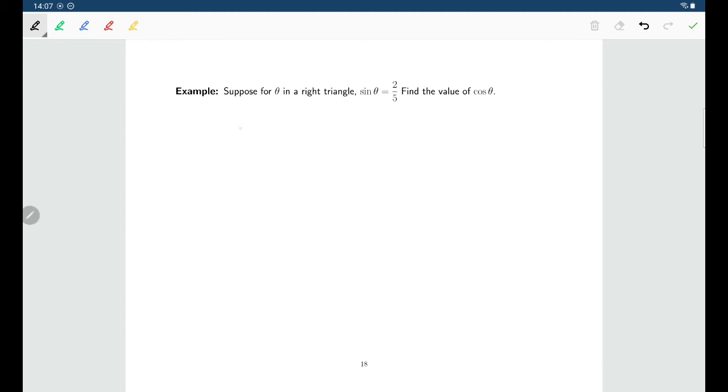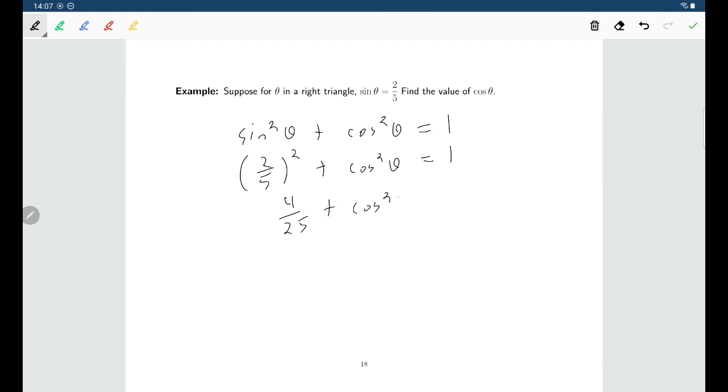Or we could use the fact that we know that sine squared theta plus cosine squared theta is equal to 1. And we know what sine of theta is. That's 2/5. So (2/5) squared plus cosine squared theta is equal to 1. And so now we really just have an equation to solve.